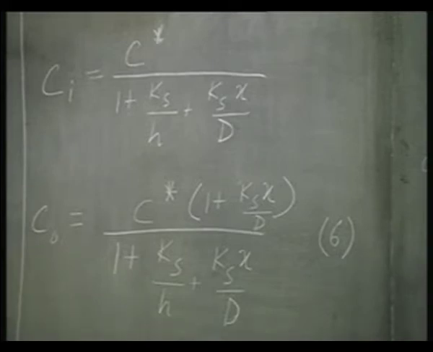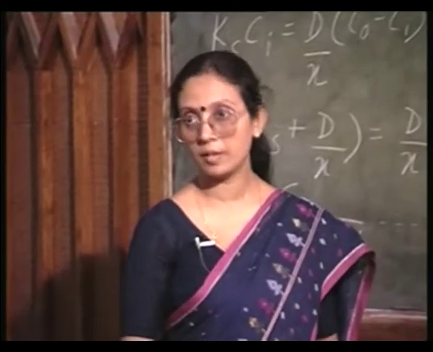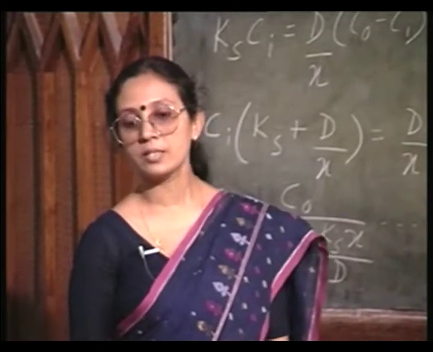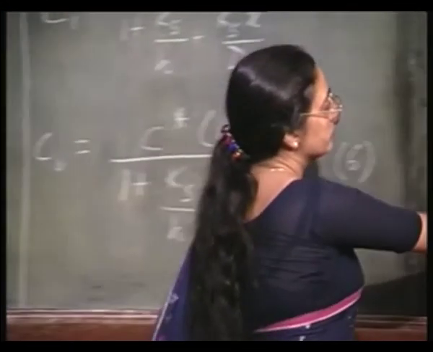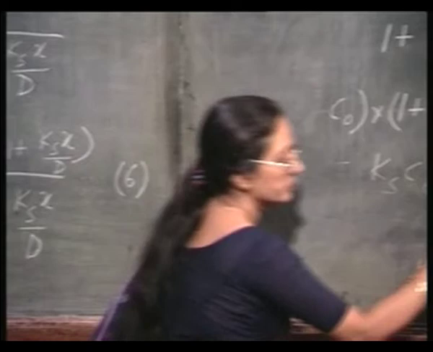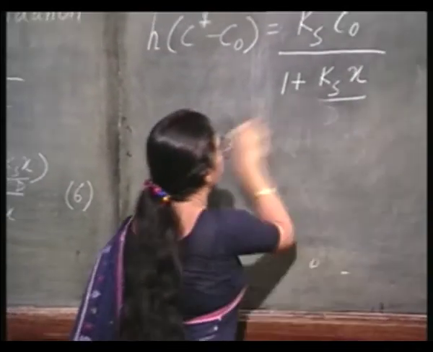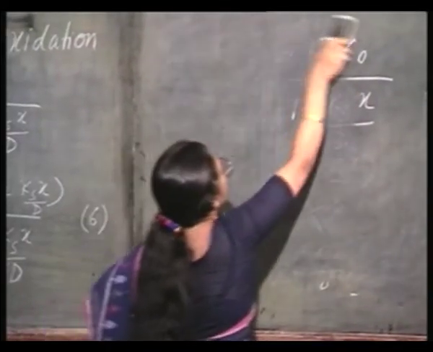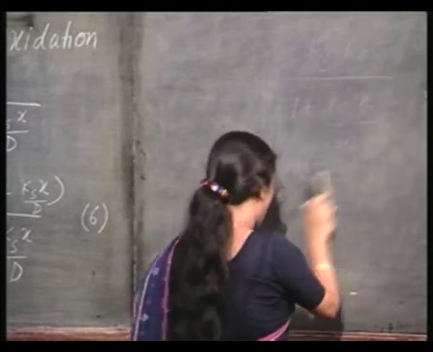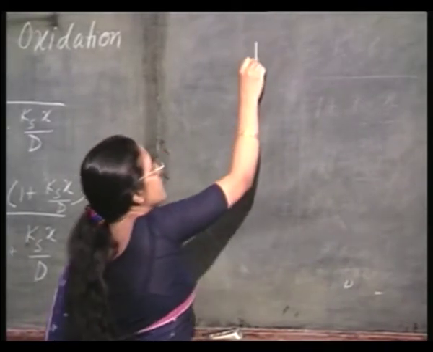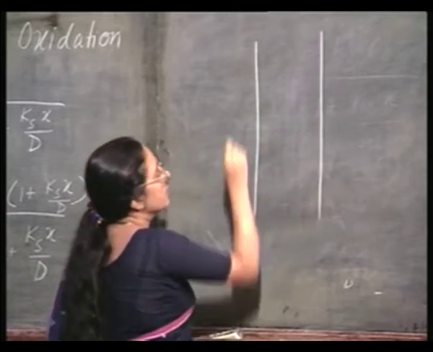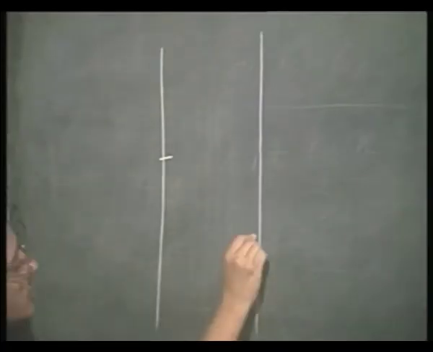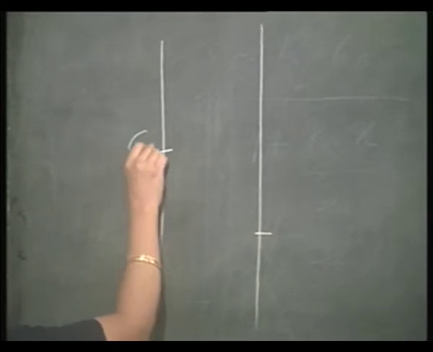Okay. Now, after all this mathematical rigmarole, let us look at it a bit more physically. As I have told you, C naught and Ci actually denote the concentration here and the concentration here.